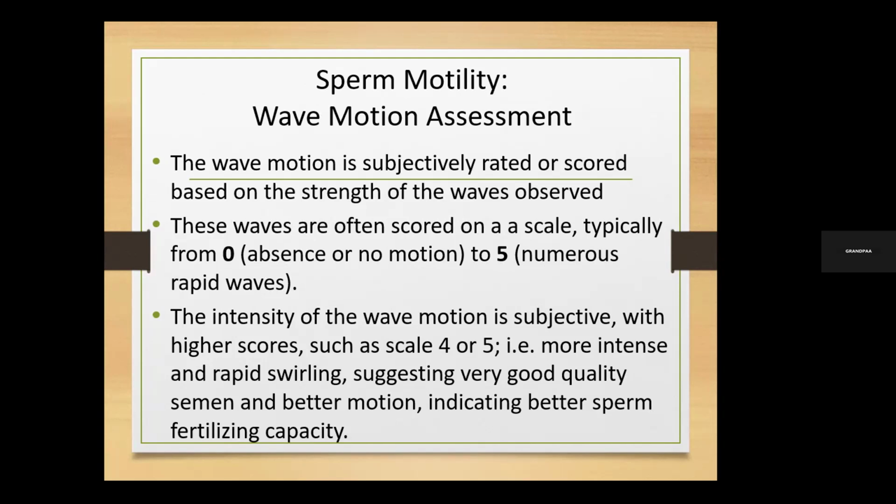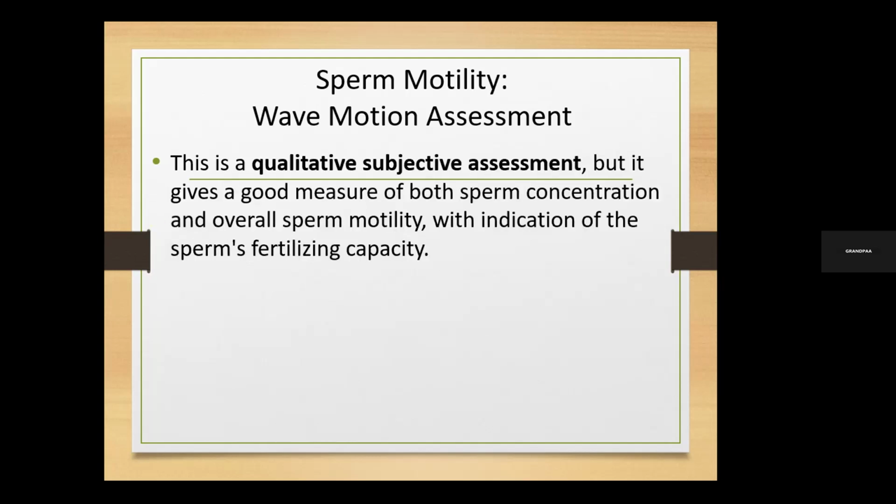Higher scores such as 4 or 5 suggest very good quality semen and better motion, so straight away you can know that this person is likely to get a good quality report. Okay, right. So that is it.